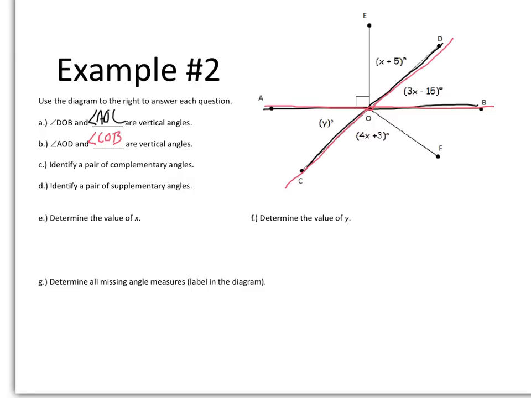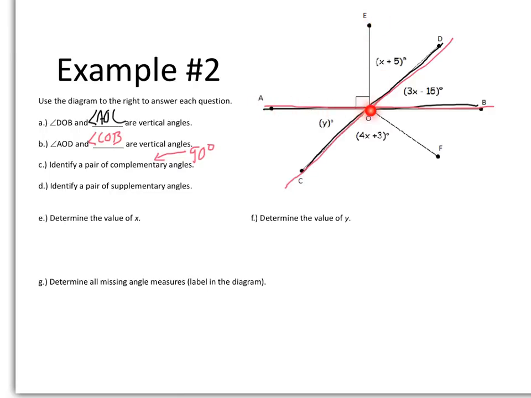C. Identify a pair of complementary angles. Remember, complementary means angles that add to 90 degrees. Well, we do have our 90-degree tick mark right here, but remember, a pair of complementary angles means 2. This is simply just one angle. What we have to do is dig a little deeper.